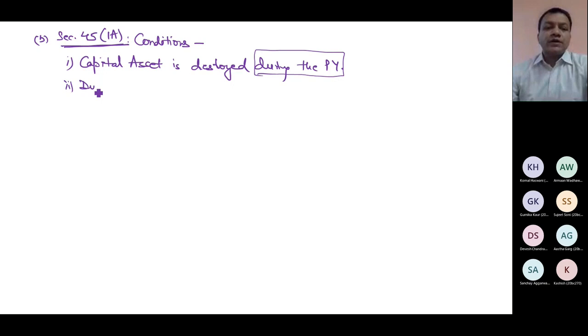The damage is due to what? Due to flood, war, riots, etc. You have received what? Amount or other asset.